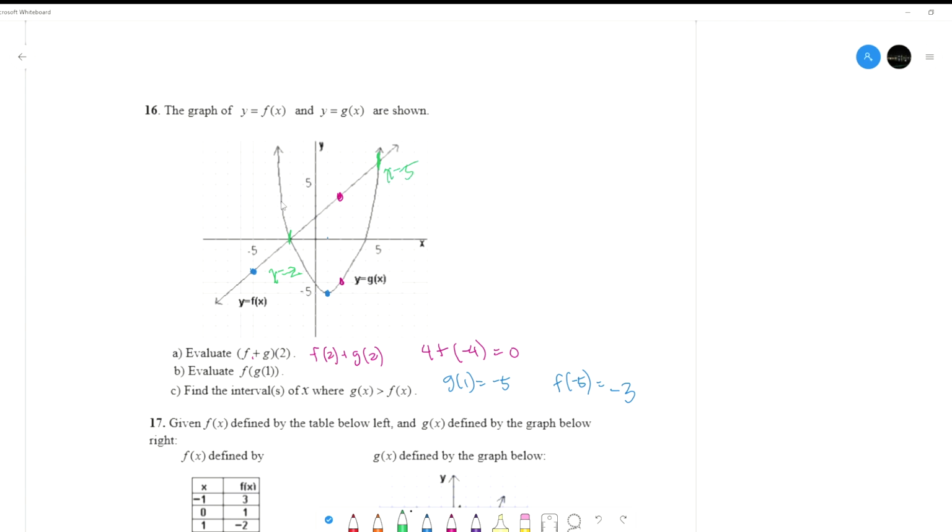So g of x is above f of x from negative infinity to negative 2, in parentheses because there's no equal sign, union, and where else? From 5 to infinity. So that one wasn't too difficult, but you do have to understand it.